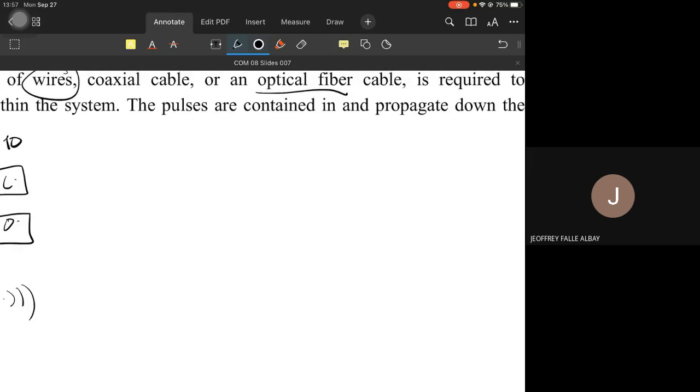Now, what are some advantages of digital transmission methods or techniques?